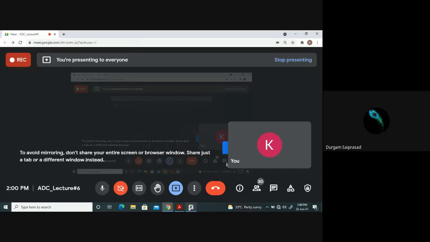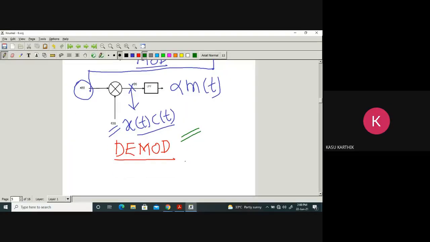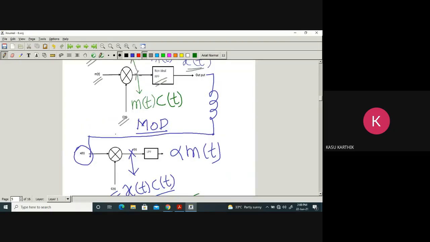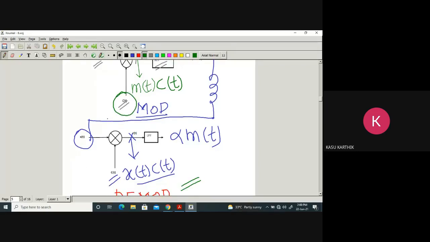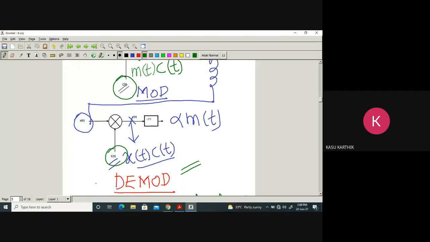Synchronous, sir. It is obviously a synchronous or coherent demodulator. Why? Because the incoming carrier and this local carrier are both having frequency and phase synchronization, or they are coherent in frequency and phase. So if it is so, it is called a synchronous demodulator.